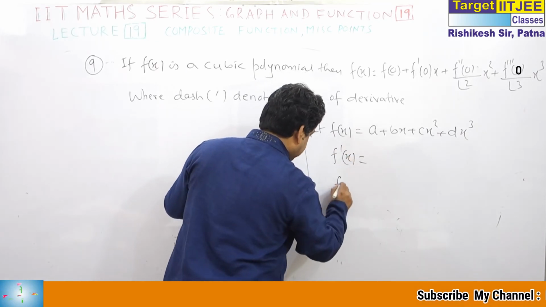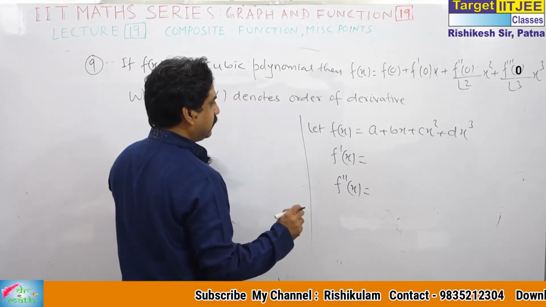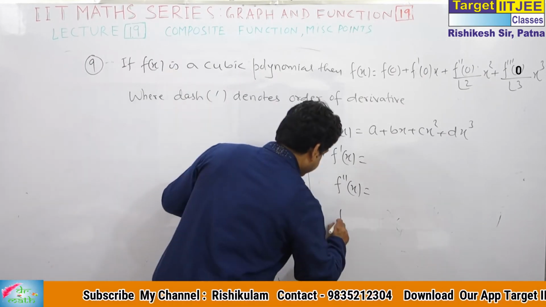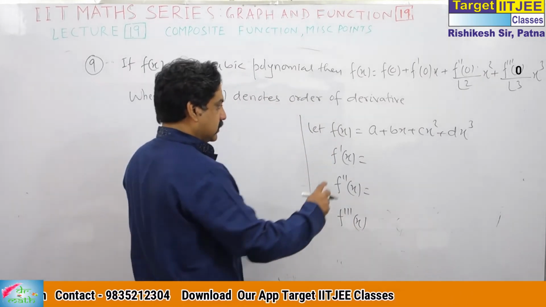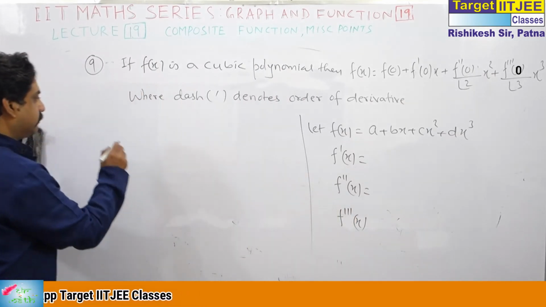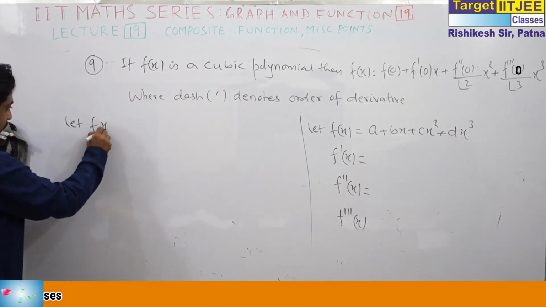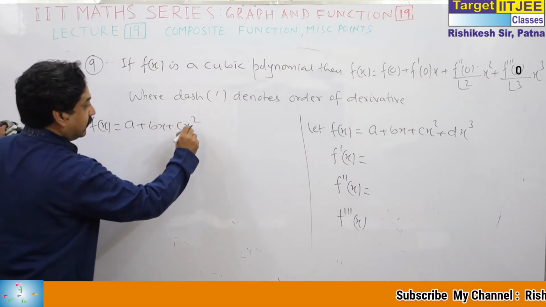Find f dash, f double dash x, and f triple dash x. Now, what is this? Actually, let me proceed from this side. This would be better. Why? I need space at the right.